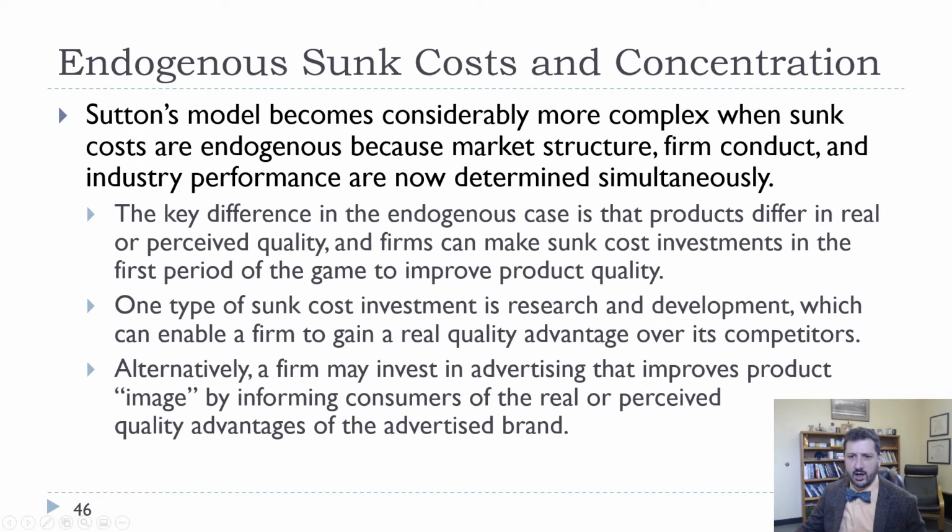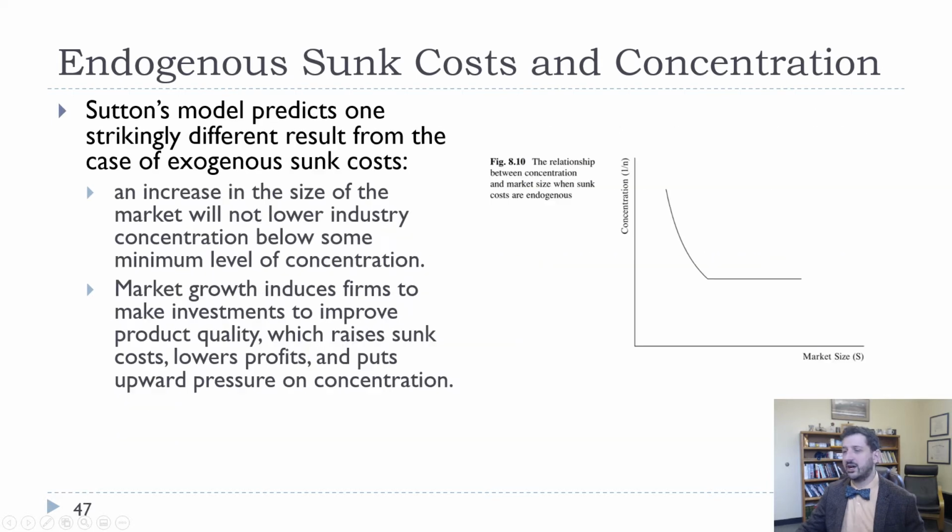And so this is going to be important because the major difference in the two models is that the concentration sort of stops, right? The market size does not continue to decrease concentration below a certain amount, right? And so there's some minimum level of concentration. And I think that could be a realistic view of what we see, right?